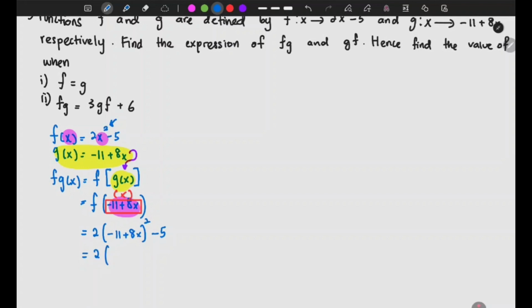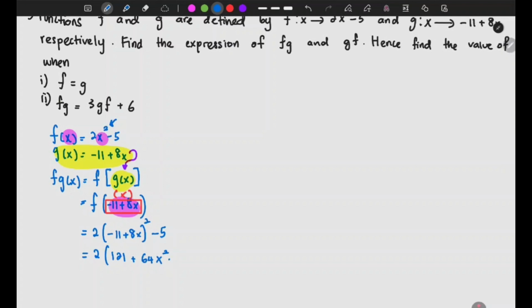Don't forget your x also gets squared, because the square is for both. Then negative 11 times 8 times 2, you will get negative 176x, minus 5. And then 2 times 121, you should get 242.